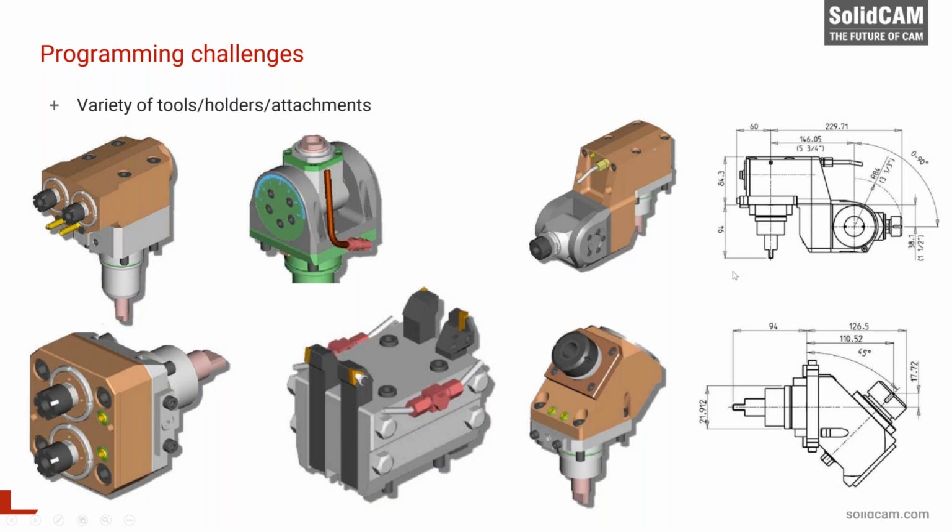It will be good if you don't need to import again and again the holder with a different angle. You need to have only one holder, and you need to have the possibility to align it to the angle that you would like in different setups, even inside the same CAM project or inside different CAM projects. So this could be a problem. And this is a challenge that you can meet when you deal with multitasking advanced mill-turn machines.